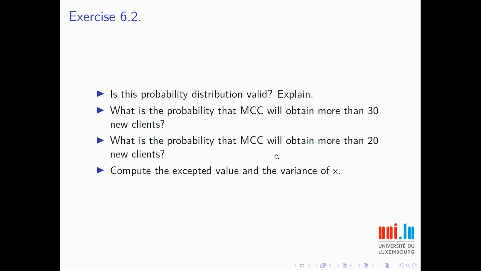What are you asked for? You have to detect which probability distribution is valid or not. I think we also did it many times in the previous session. And you also have to find the probability of a particular number of new clients for the next year. So let's just do it. I think the first two exercises are just a recapitulation of what we did before.